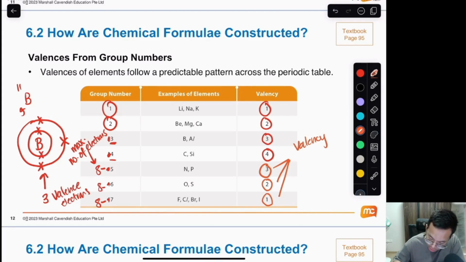So they can receive 3, 2, or 1 electrons to form ions.